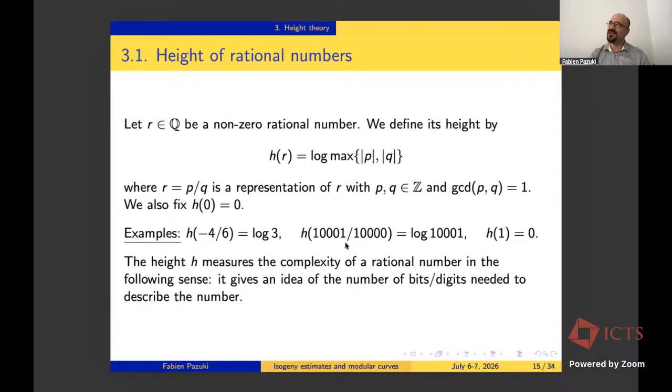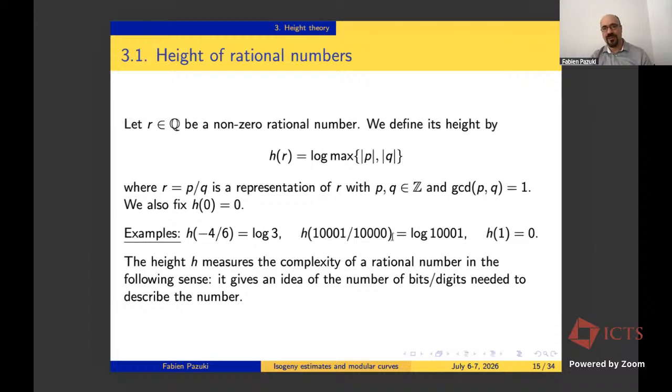So the problem here is that measuring the size is a little bit more than just taking the estimate with the Archimedean absolute value. Now, you see, the function knows a little bit more. In fact, you can be slightly more precise. We say sometimes that heights measure the complexity of objects.